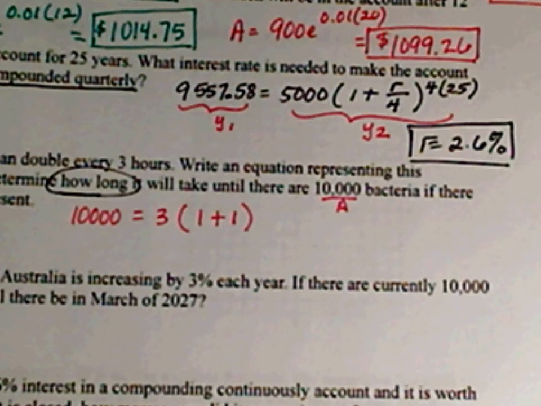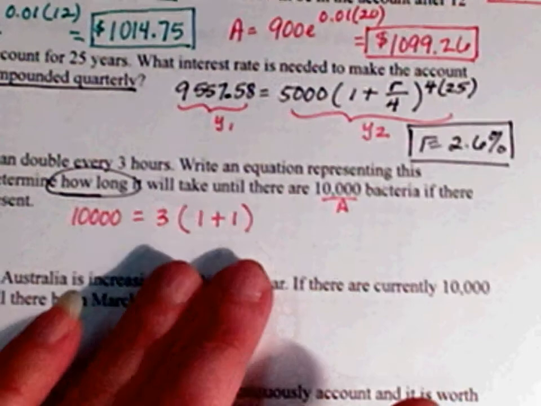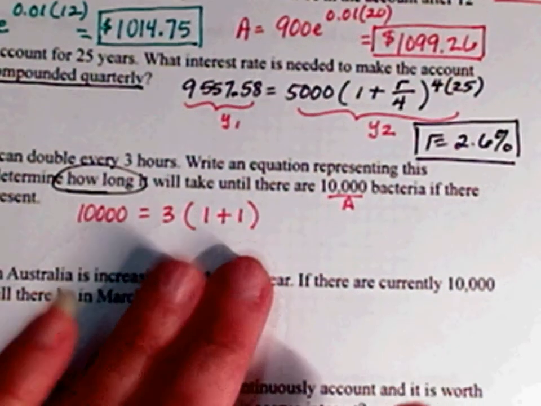This question is weird. Can double every 3 hours. The rate is double. Write an equation, represent this information, and use it to determine how long. Let me think about that one. Let's skip number 6. I'll come back. I think that should be R and a T. Let me go back on that one. Okay, let's go to number 7 before we move on. I want to think about that question first before I tell you wrong.